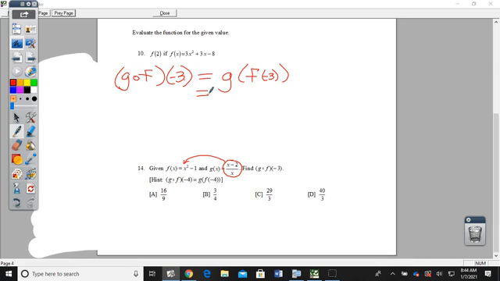All right. f of -3. So first we find f of -3. f of -3 means we take x in f, x squared minus 1, and instead of putting the x, we put -3. That is 8. f of -3 equals 8.